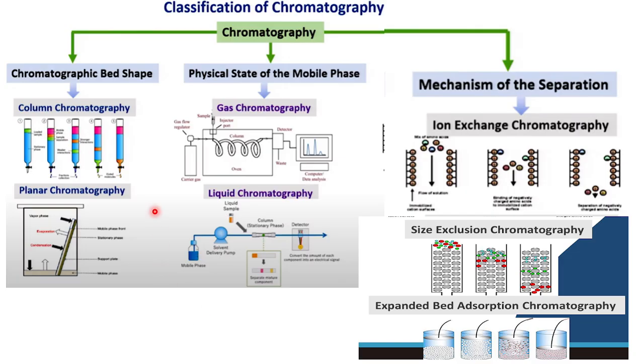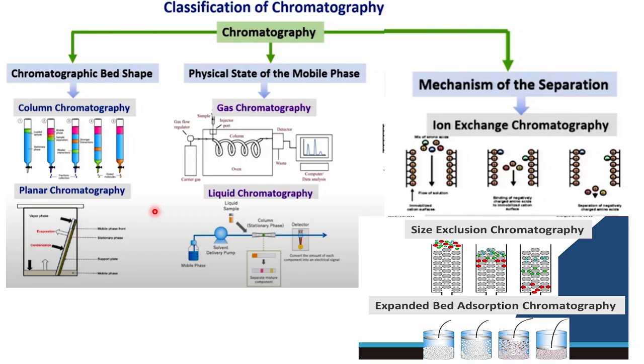So broadly, we can differentiate chromatography into three different categories. First is based on the shape of the bed: you can differentiate into column chromatography or planar chromatography, such as thin layer chromatography or TLC.